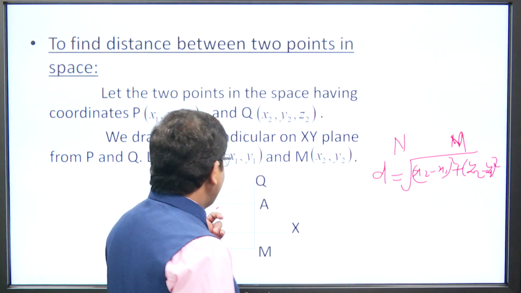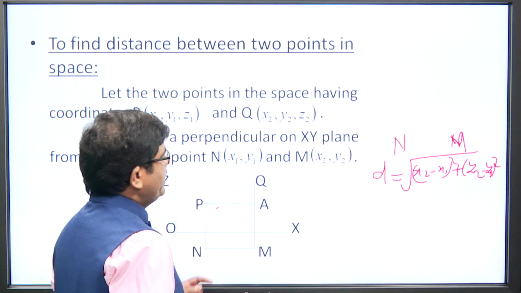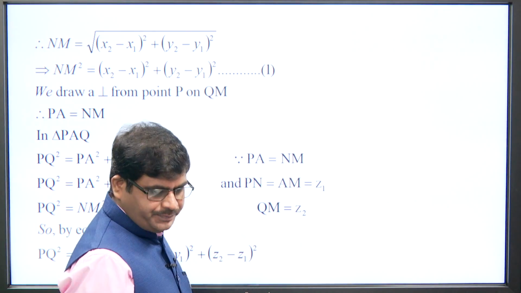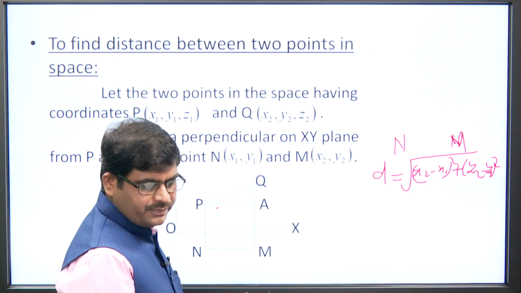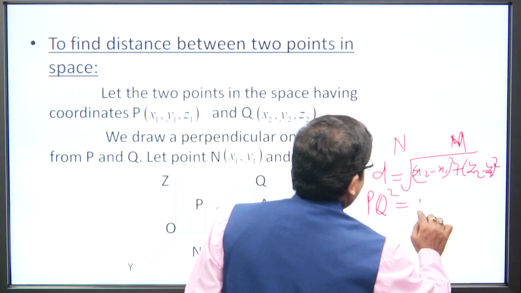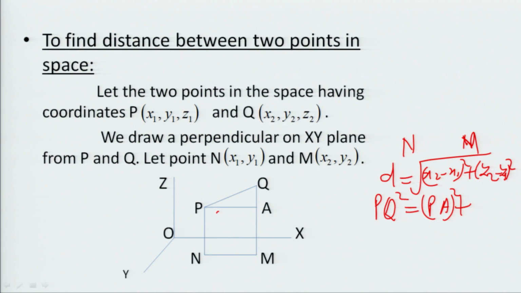Therefore, in triangle PAQ, by the Pythagoras theorem, PQ square equals PA square plus QA square, where PA equals nm, that is x2 minus x1, and QA equals mq minus am, that is y2 minus y1.